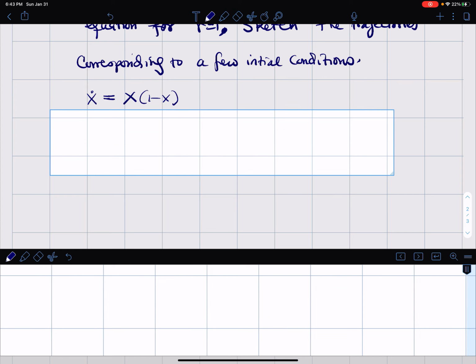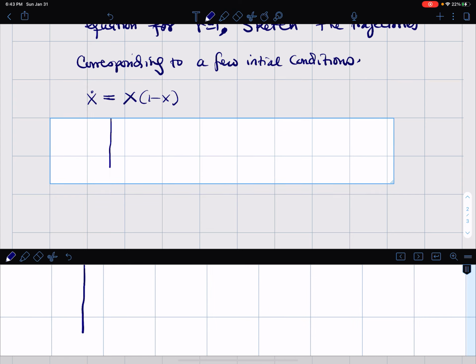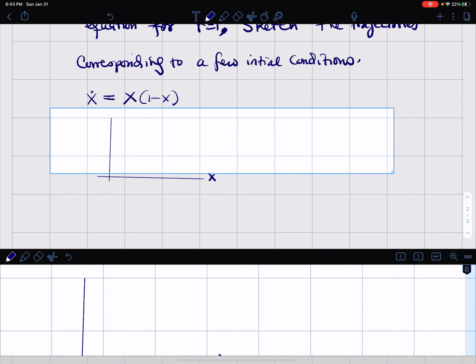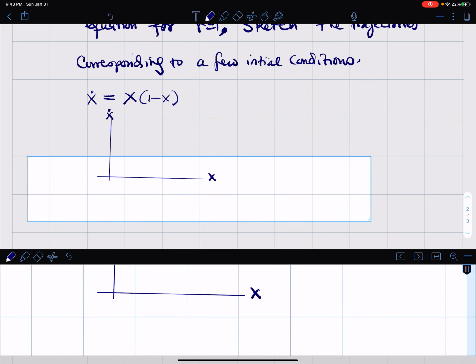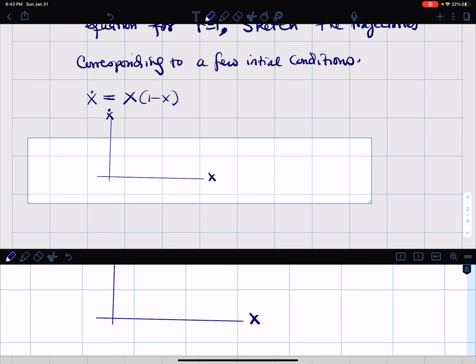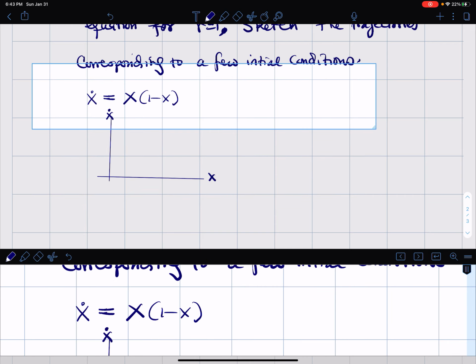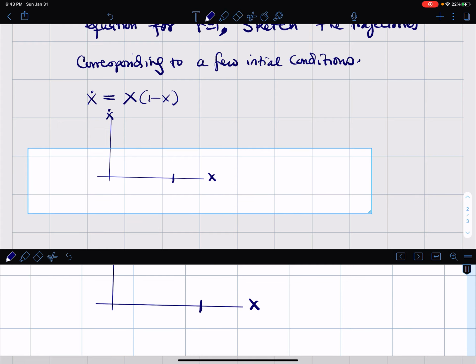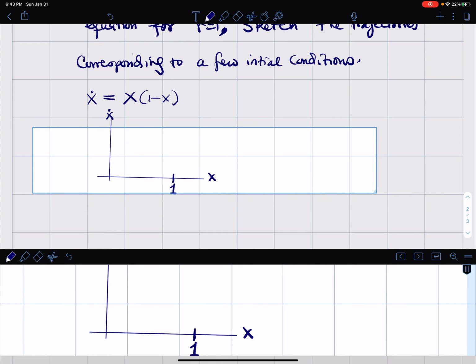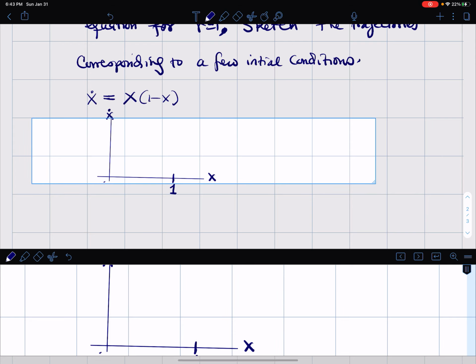So if we sketch this, watch what I mean. This is the x-axis, and this is the x prime axis. And if you look at this, this is a parabola that faces downwards and crosses the x-axis at 0 and 1. So this is at 1. So you have a nice parabola.